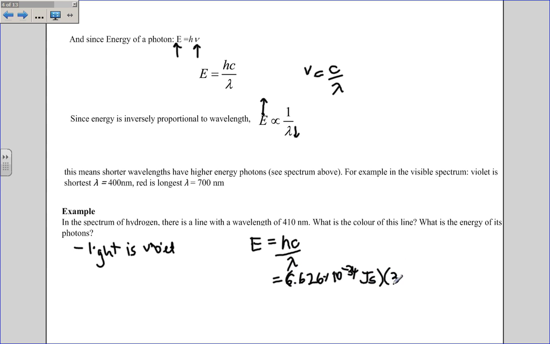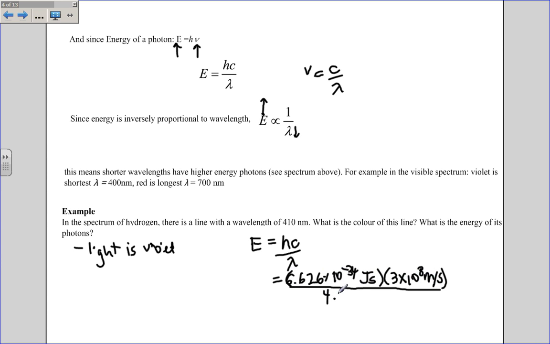The speed of light is 3 times 10 to the 8 meters per second. And our wavelength, we're using the same value from before, is 410 nanometers. But just like before, because our speed of light is in meters, we need to use the value in meters.